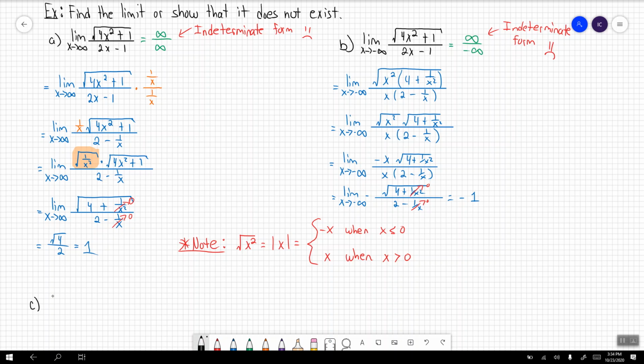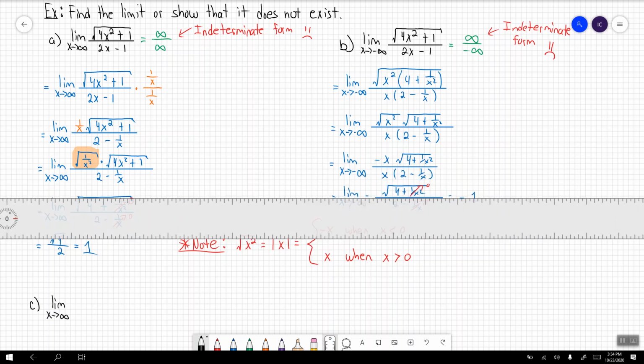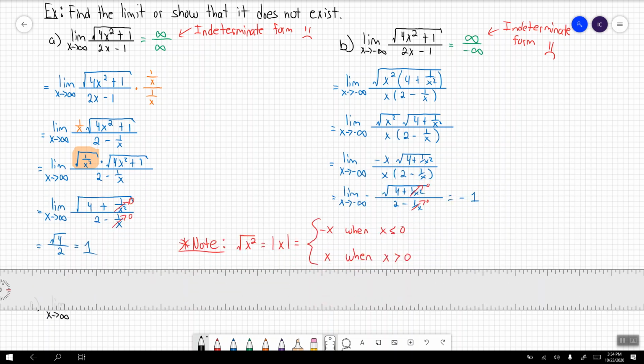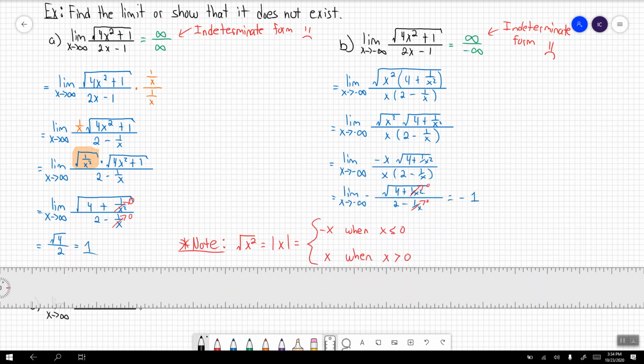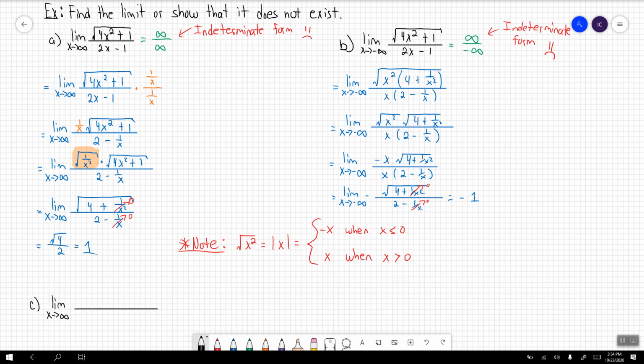For part C, we want the limit as x is approaching infinity for the function of x plus 3x squared divided by 4x minus 1. All right, and we're going to go through this process.